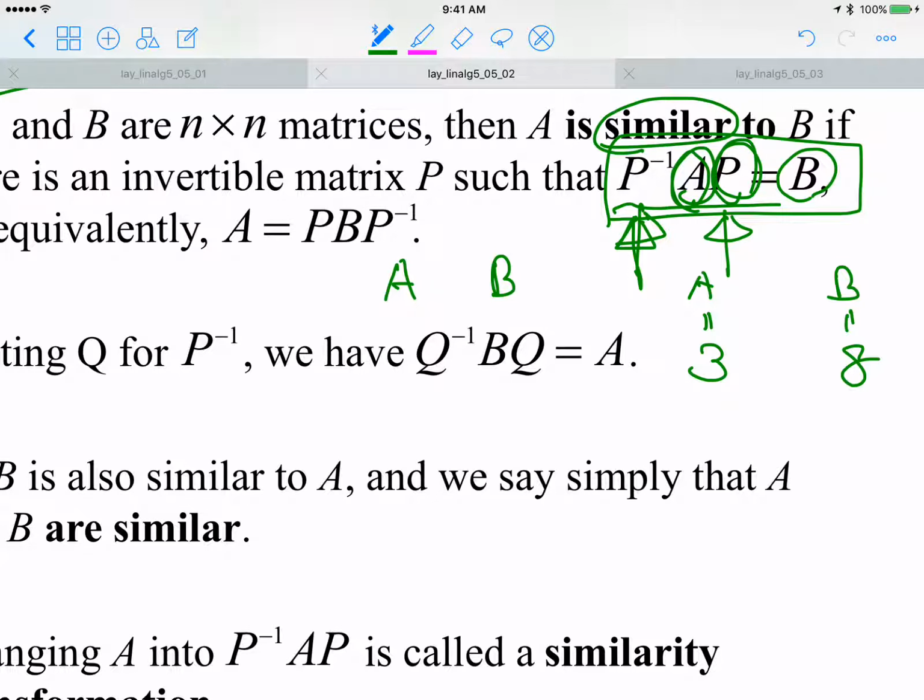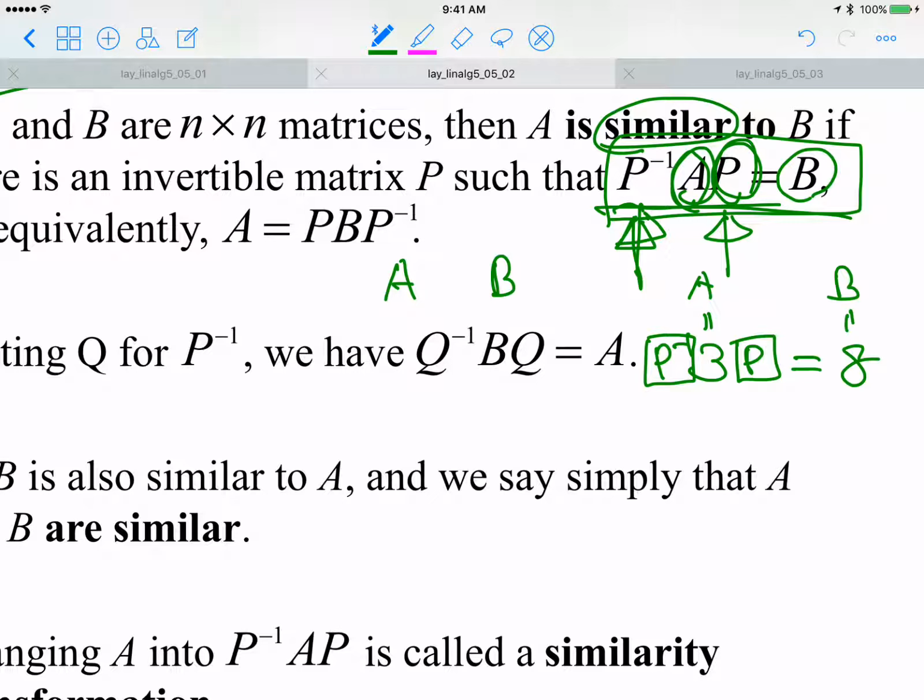They are not equal, but we have to think a little bit more in order to determine whether they are similar or not. So if we can find some P, multiplied on the right and its inverse on the left, if we can find such a P, then 3 and 8 are similar because of this definition.